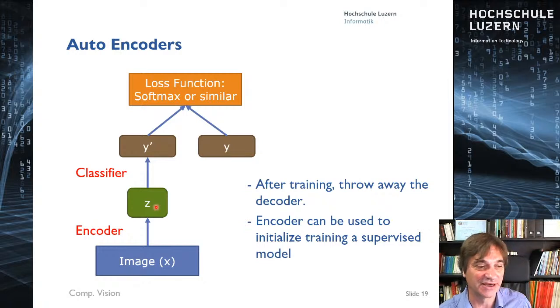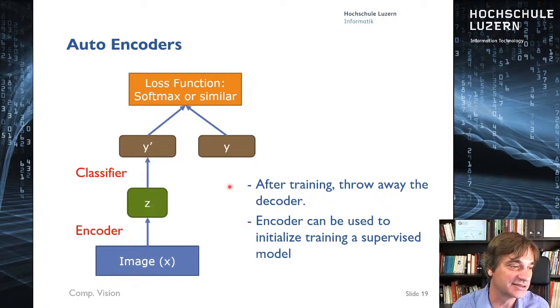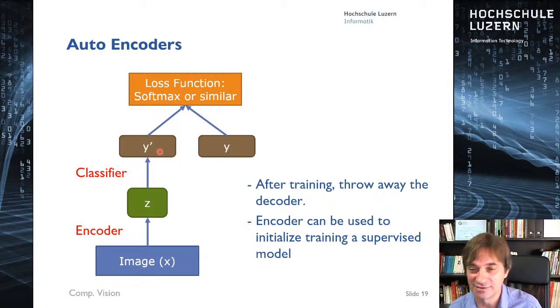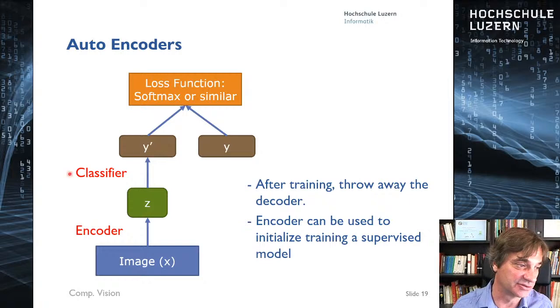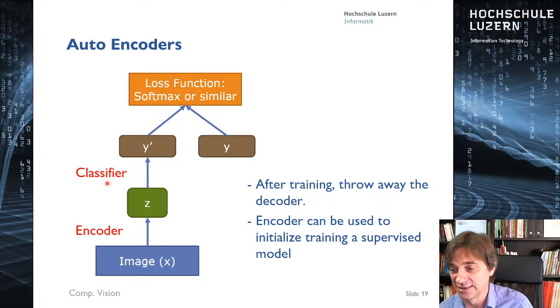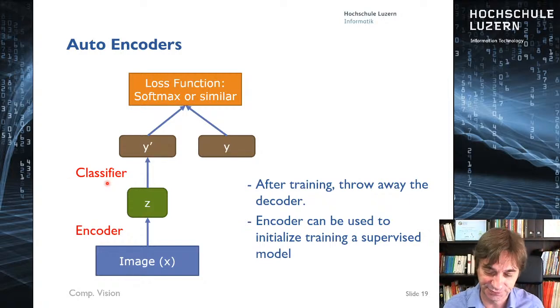So you could throw away the decoder and use the encoder for classification, use that representation as features, and then train a classifier to get the classes from your encoded space here. That could be another neural network, or something else like a support vector machine.